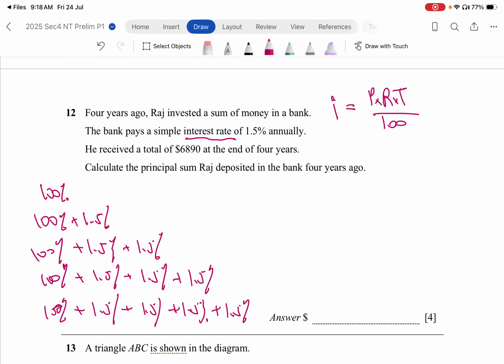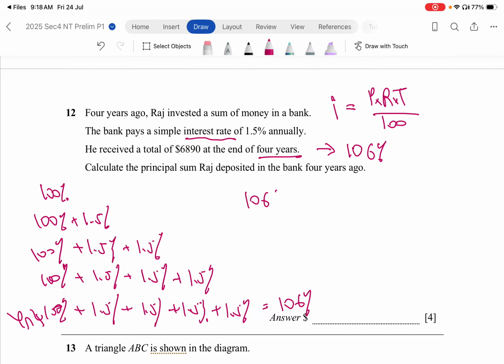So you see the year 4. Year 4 is like this for simple interest, because they keep giving you the same interest every year. So technically at the end of year 4, you get 106%, because you add up all this is 106%. Only for simple interest.